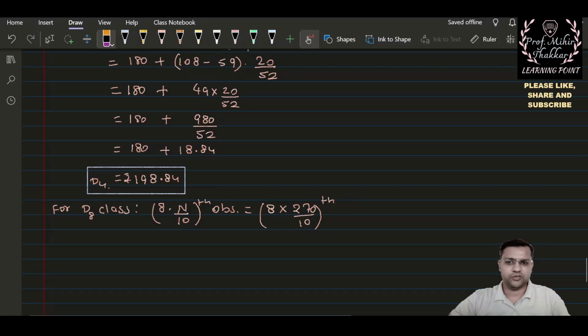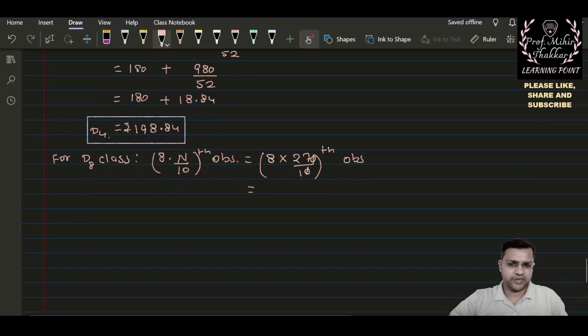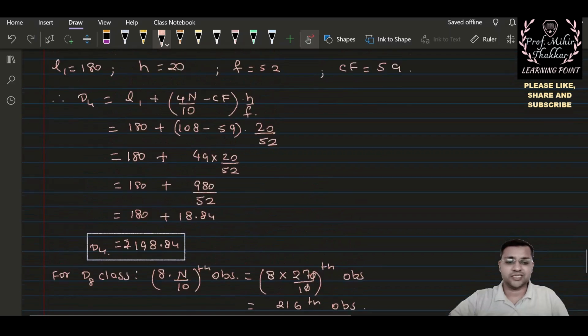Once again, when you cancel off both the zeros, you have to multiply 8 and 27. 7 into 8 is 56, 5 carry, 8 into 2 is 16, 16 and 5 is 21. So it comes out to be the 216th observation.